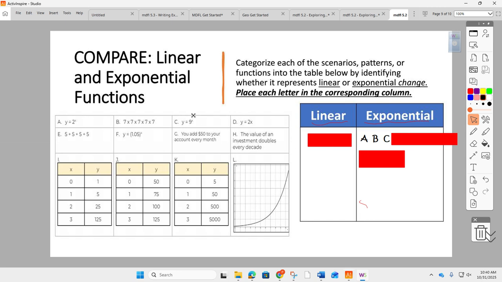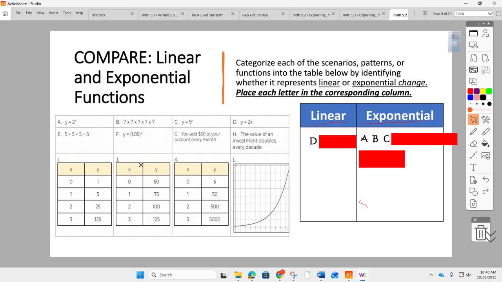D. Y equals 2x. Is that exponential or linear, Mylan? Very good. Plus 5, plus 5, plus 5. Would that be a linear relationship or an exponential?